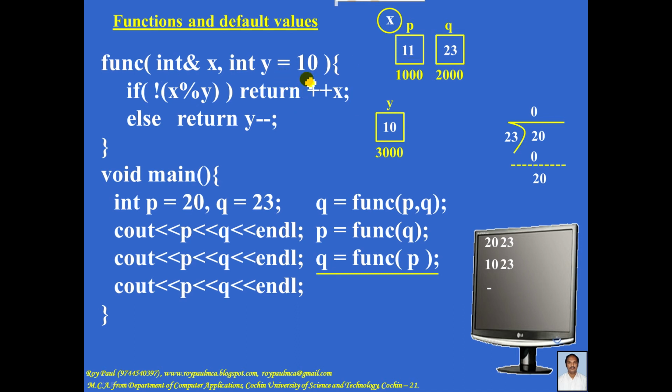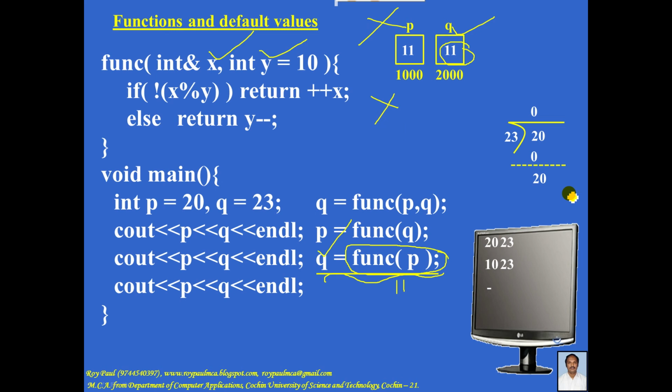So return 11, and to where is 11 returned? To the point from where the function was called. So here you get 11, that is assigned to q. So now your q becomes 11. Now finally when the control comes here, the names x and y do not exist.